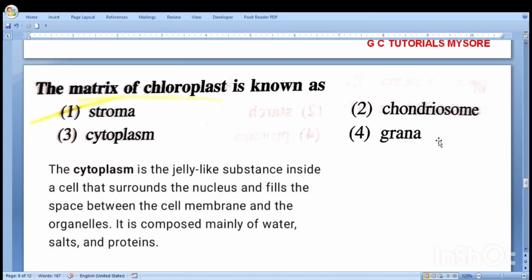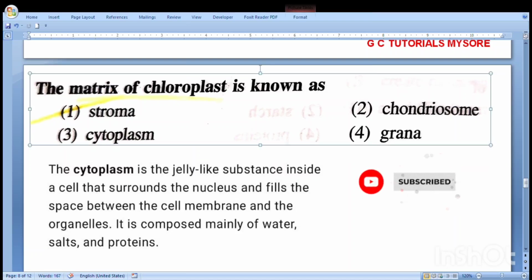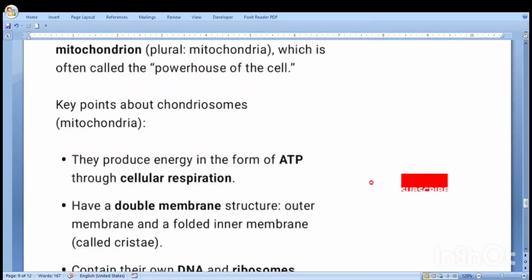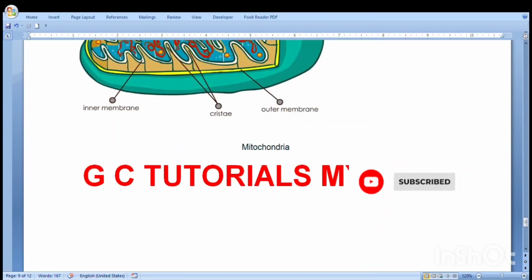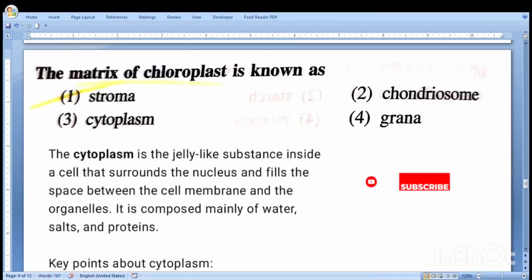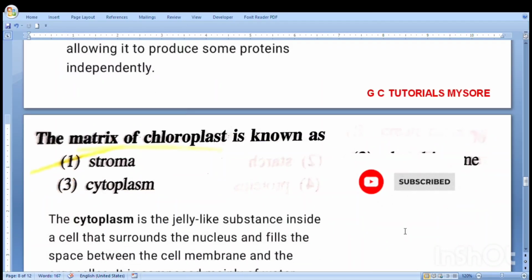The grana is a stack of thylakoid sacs, so it looks like a pancake. I already told you, this grana looks like a pancake, right?